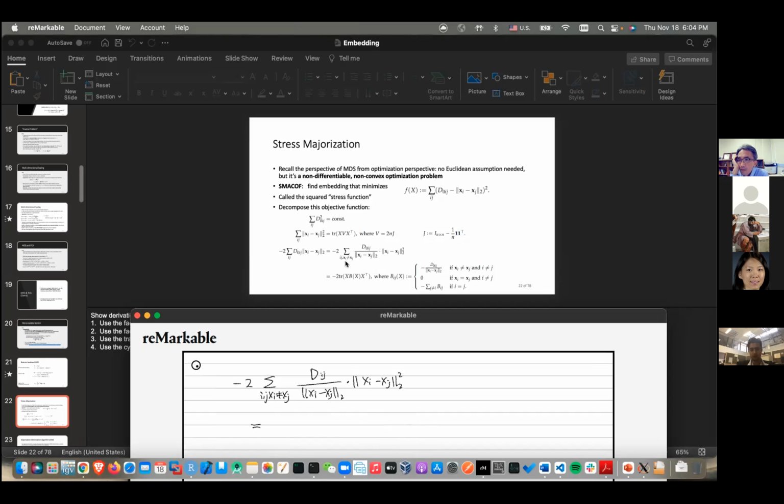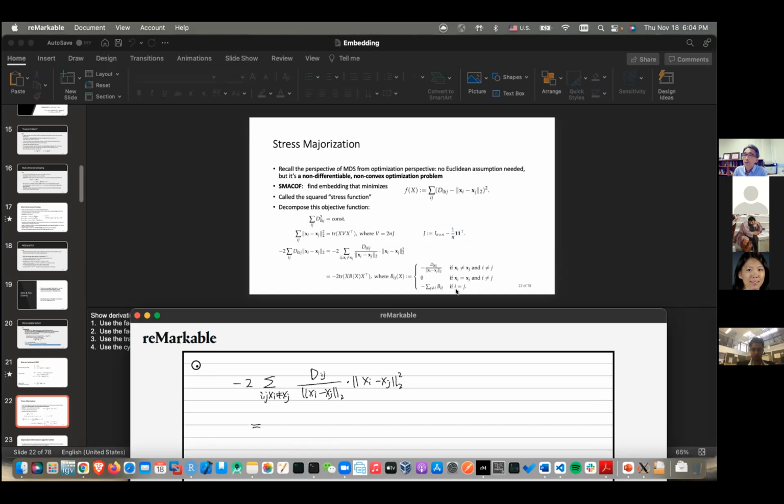Should we separate them into i equals j and i does not equal j? But if i equals j, that means this is 0, right? I don't really know why they consider i equals j, to be honest. Maybe we can skip this one if you don't know.